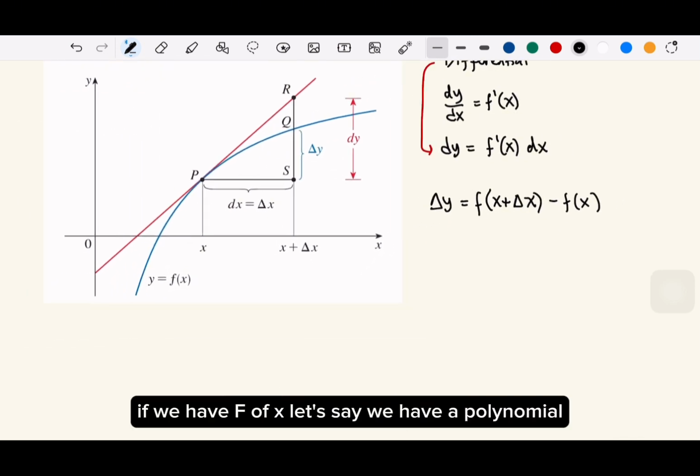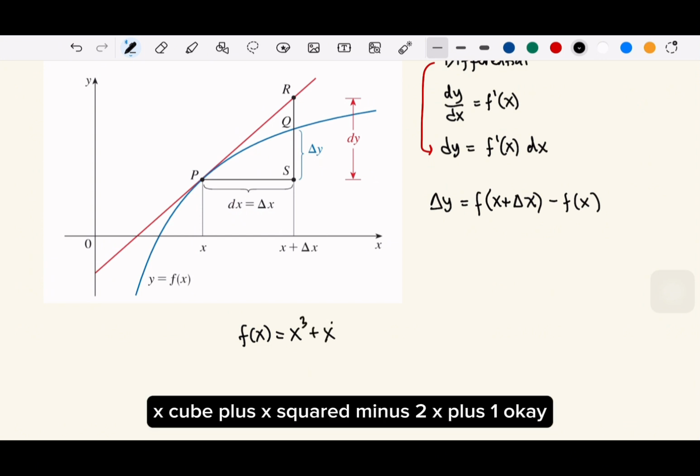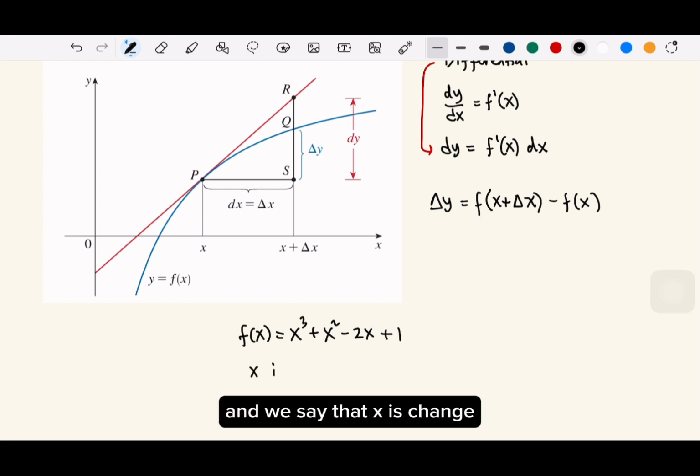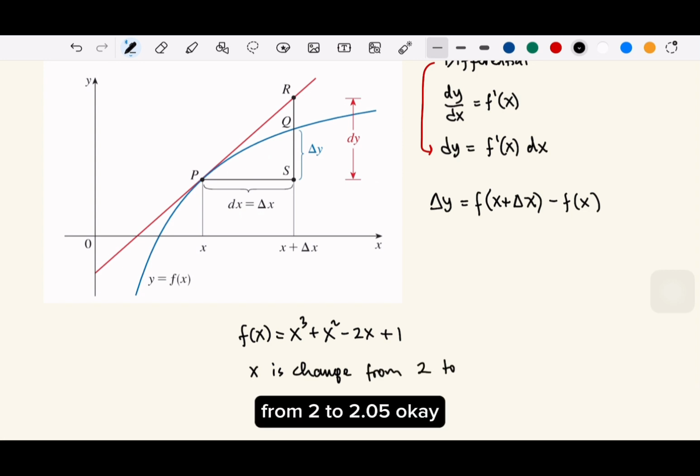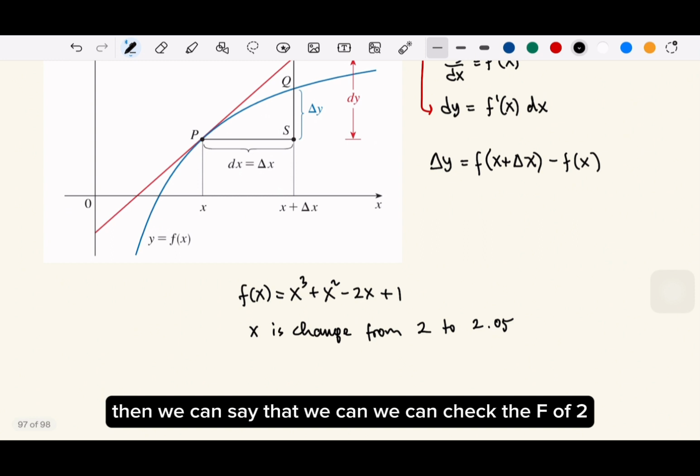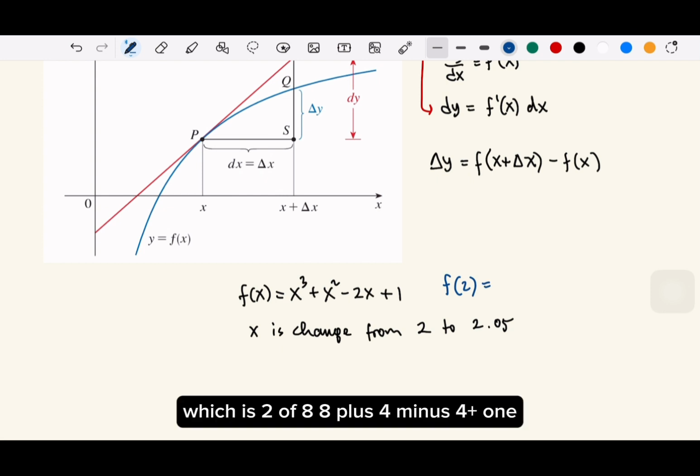For example, if we have f of x, let's say we have a polynomial x cubed plus x squared minus 2x plus 1. And we say that x is changed from 2 to 2.05. It means the delta x is 0.05. Then we can check f of 2, which is 8 plus 4 minus 4 plus 1.